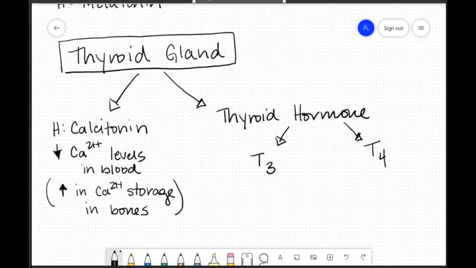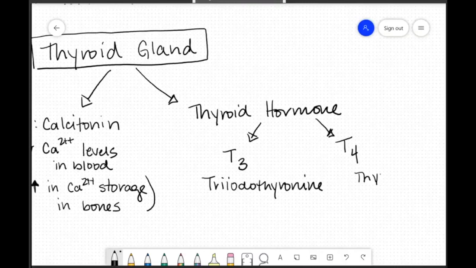They stand for two different things. T3 stands for triiodothyronine. T4 stands for thyroxine. And these are the two hormones that are produced by the thyroid gland.